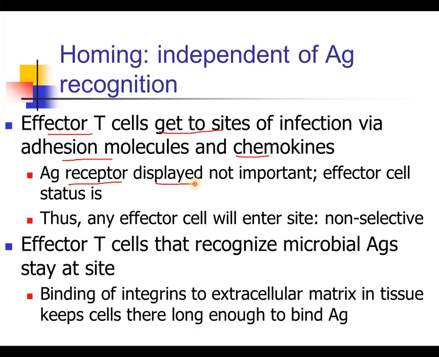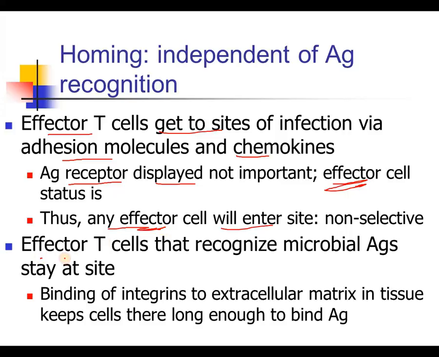Antigen receptor being displayed is not important. It will be displayed, but it doesn't matter. What matters is the effector cell status. In other words, the phenotype has changed, and so you're getting expression of different adhesion molecules and different chemokines because you now have an effector cell. So any effector T cell would enter a site of infection. It's non-selective.